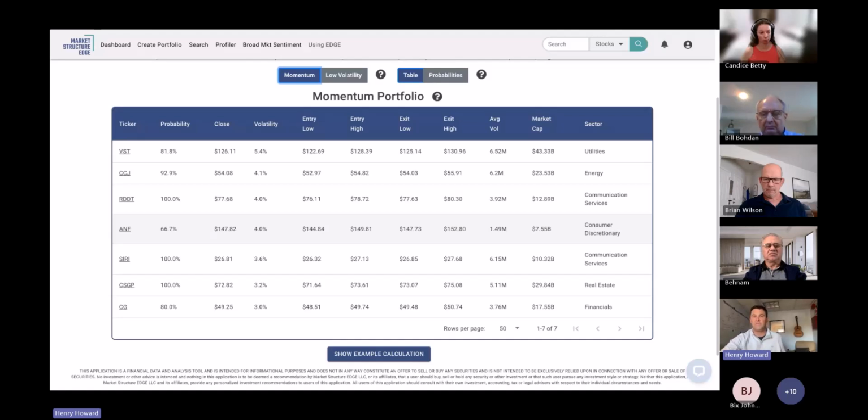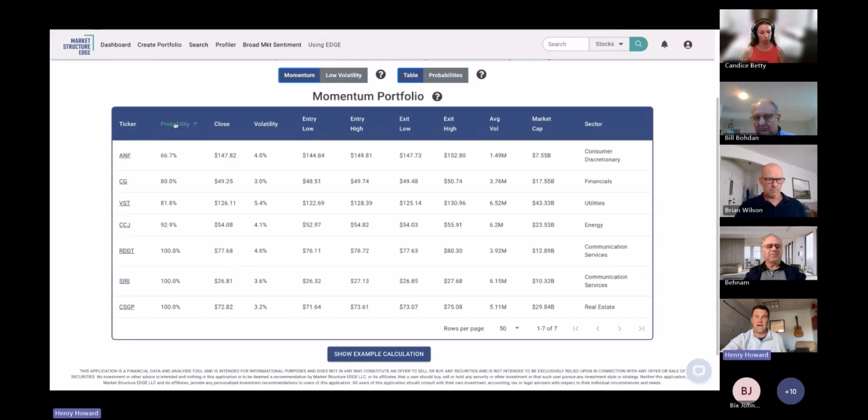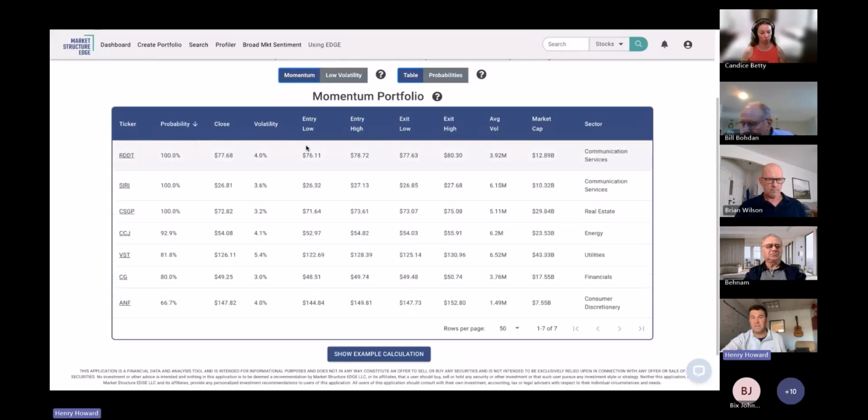Those are the kind of names I'm really interested in, these high probability names. Someone had asked the question about entries. I'll look for something that has this low entry, and I'm not watching it closely, but I might peek at it midday. If it's really sold off, and it's got a high probability, I may buy that dip through the close.